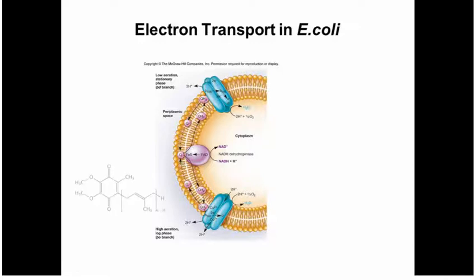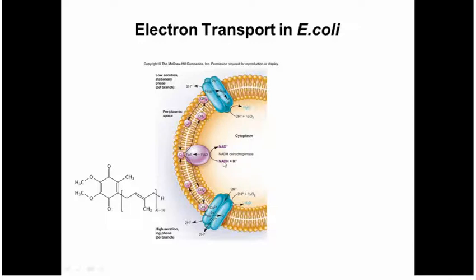So what is that? Ubiquinone is this organic molecule here. You've got two ketone groups here, which will be reduced to alcohol groups. This will become OH, OH, and this is the reduced form, ubiquinol.